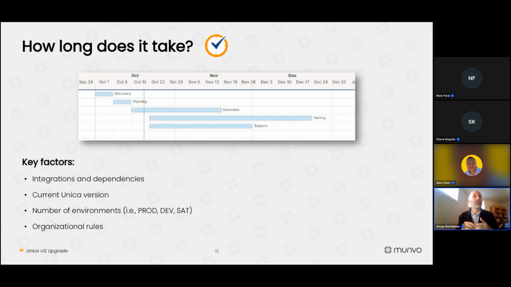You have to do all those steps and deliverables that I mentioned before, capture all the business requirements and the technical requirements. There can be any number of environments, and of course, organizational rules, security rules, onboarding, change requests. All of that makes it potentially take longer, and it really depends on the organization.